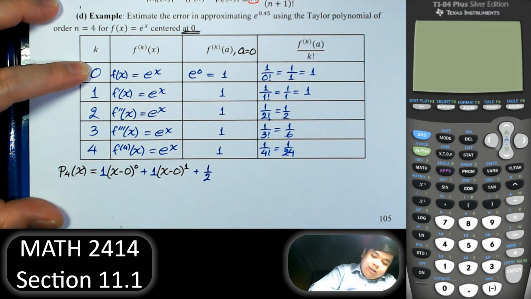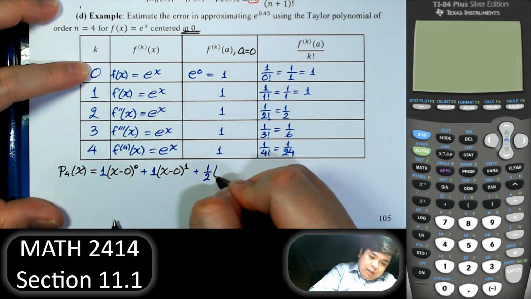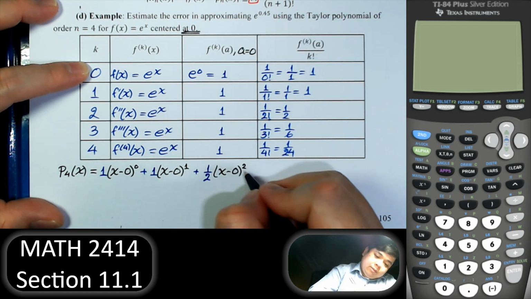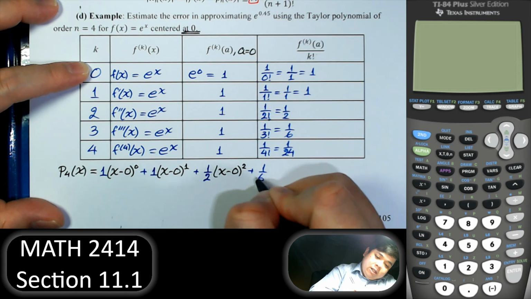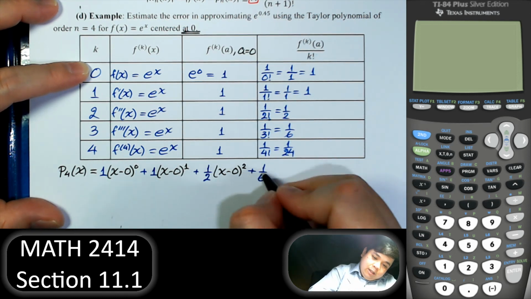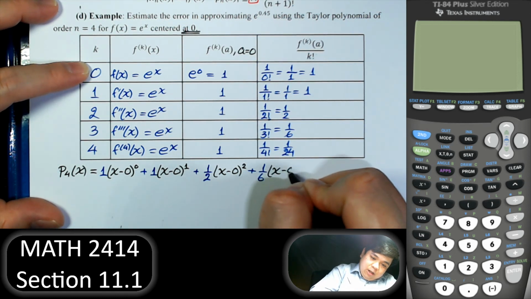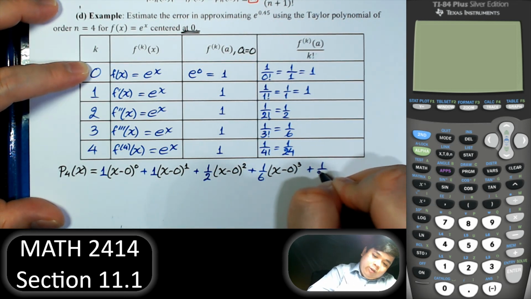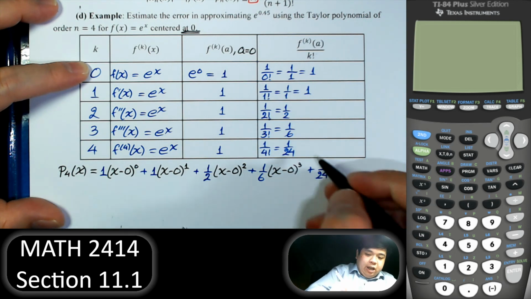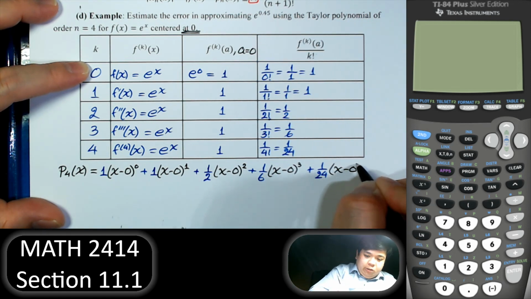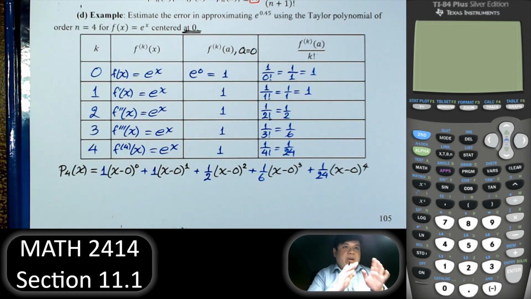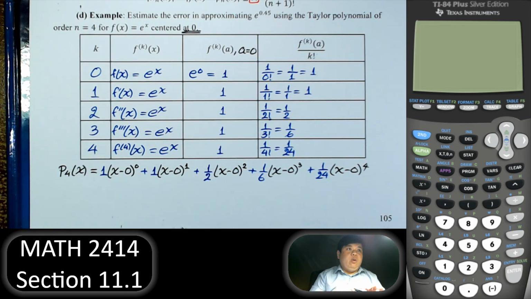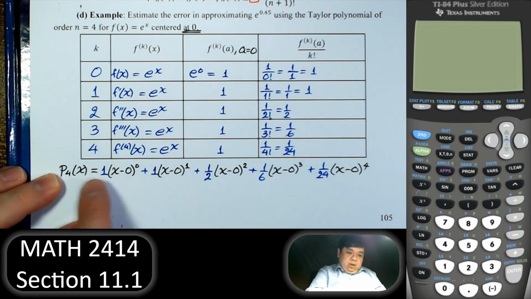Then 1/2 x minus 0 squared, 1/6 x minus 0 cubed, 1 over 24 x minus 0 to the fourth. Of course 0 is the center, so we have x minus the center raised to the k power.